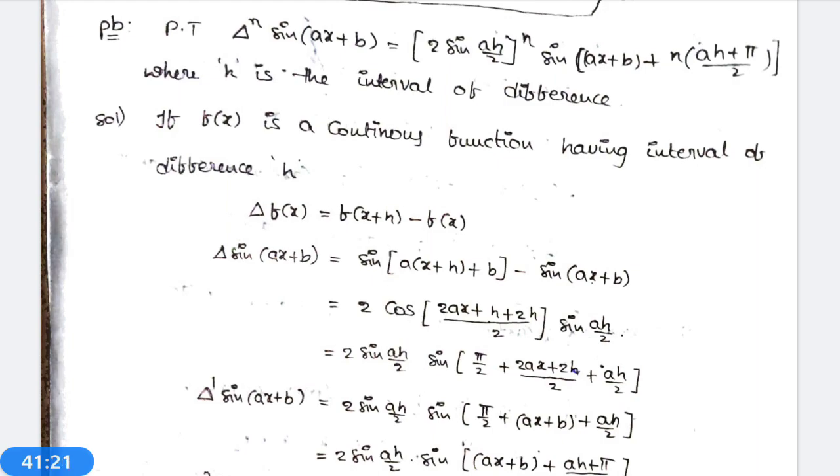Now delta sin(ax+b) is equal to sin(a(x+h)+b) minus sin(ax+b).